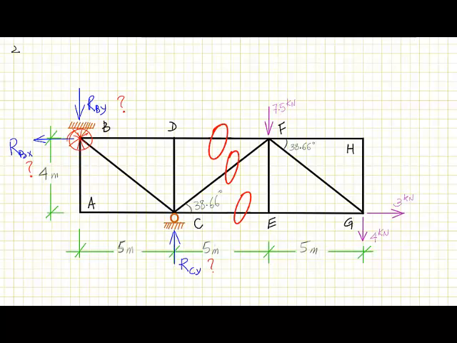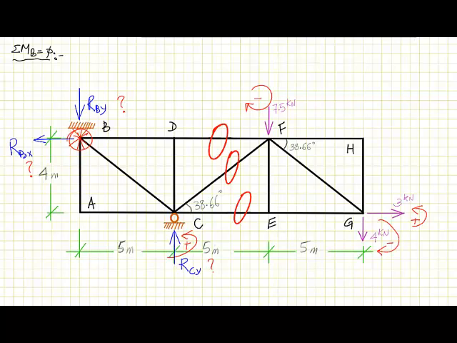We do the sum of all moments at B equal to 0. Let's define the direction for rotation. So with this, RCY will rotate counterclockwise, which is positive, and this will rotate in clockwise, which is negative, and 3 will rotate in counterclockwise, which is positive, and this will rotate in clockwise, which is negative.